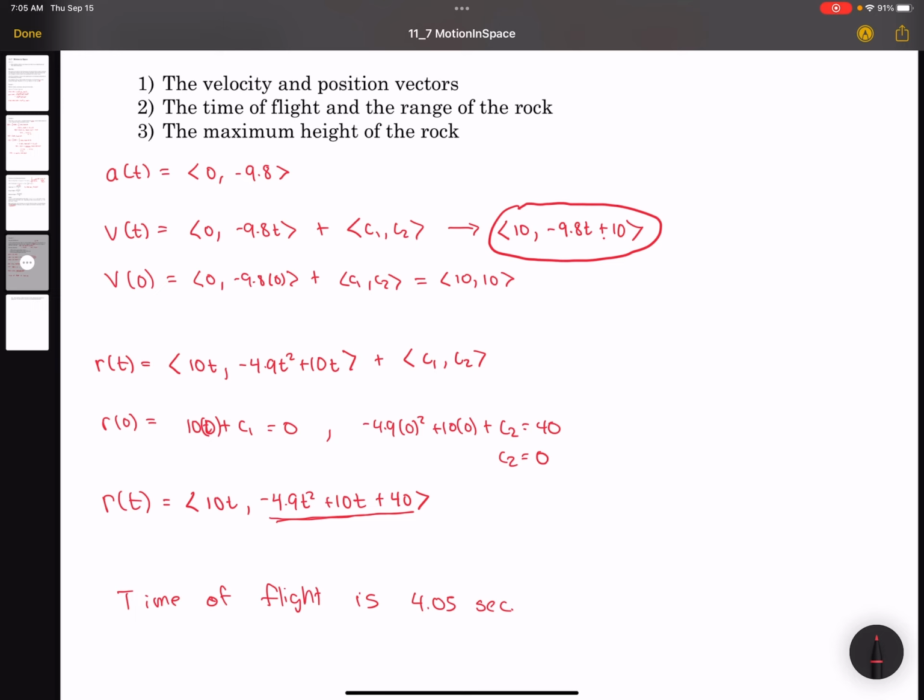Let's go to the maximum height. So we said the maximum height is going to occur when the y component of the velocity vector is 0.